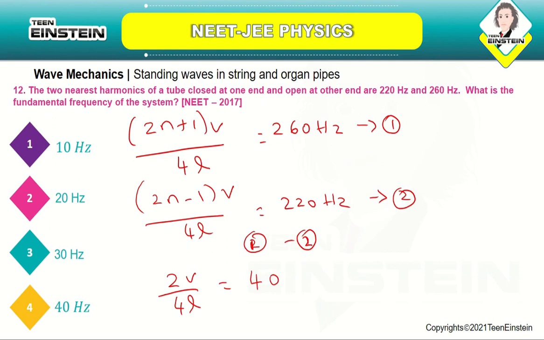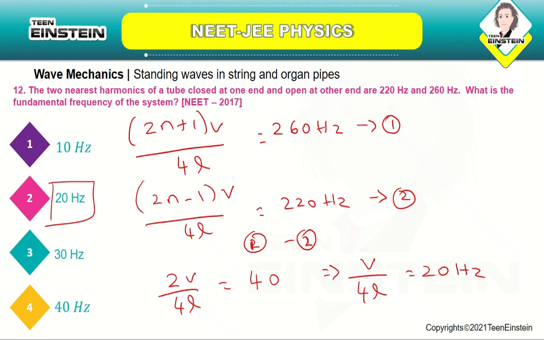So 2V by 4L is equal to 40, or the fundamental frequency V by 4L is equal to 20 Hertz. So the correct answer is option number 2. The fundamental frequency of the system is around 20 Hertz.